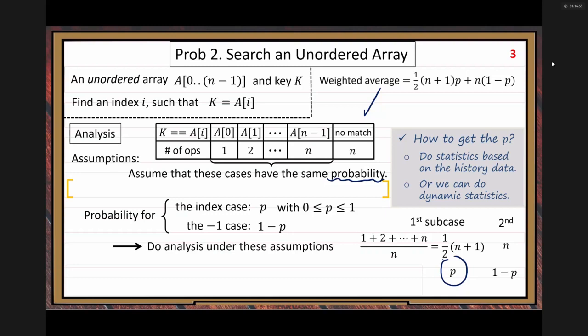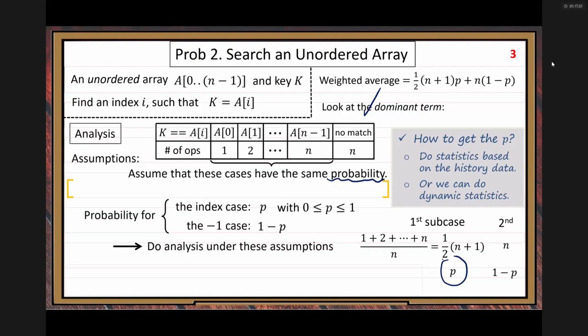We take the weighted average in this standard formulation: each subcase's average number multiplied by its weight, then we add them up. That gives us the overall average case, the final formula for the average case efficiency.